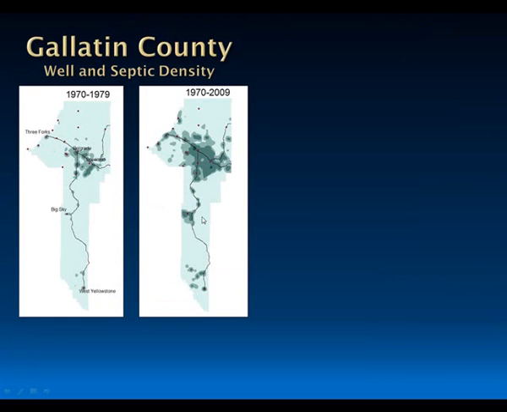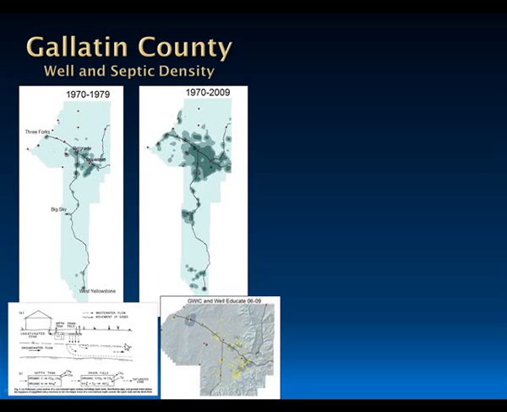And in the Gallatin we definitely have places where disposal of wastewater, both from municipal treatment systems and well and septic, is causing some issues. We can see this septic density map increasing from 1970 to 2009. Septic systems are very basic in the treatment that they accomplish.